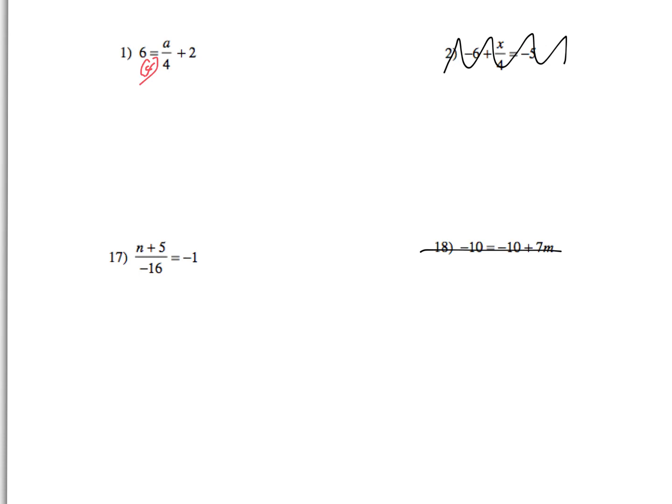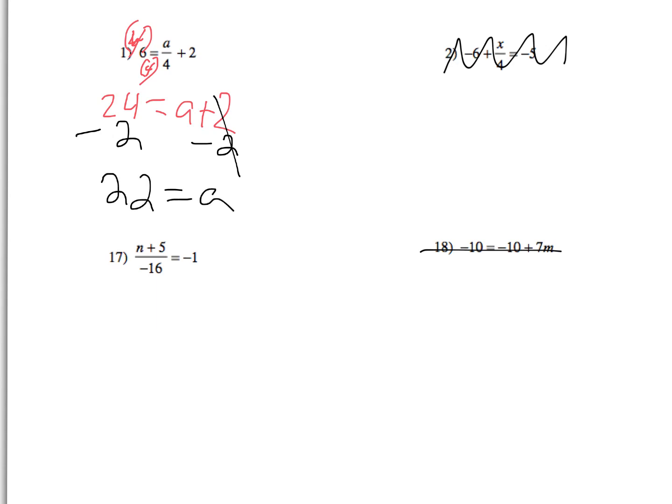Then we also need to times 6 by 4. So we would have 6 times 4 is 24, 24 equals a plus 2. Then we need to minus 2, a equals 22. And then you can, of course, go in and check it.